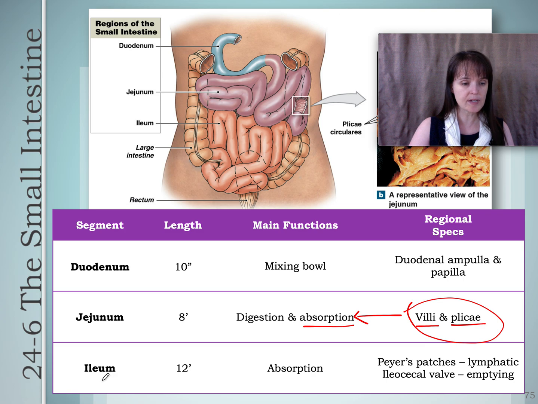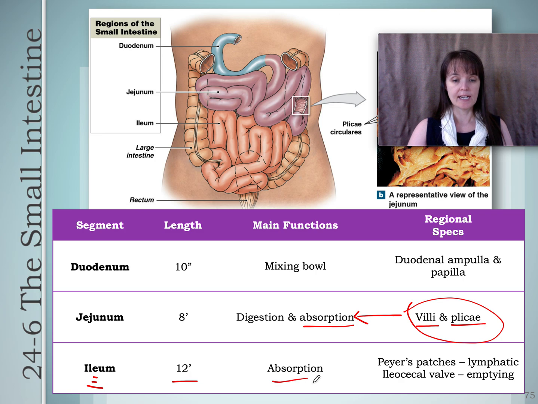The ileum with an E, as we discussed, is the last 12 feet-ish, curled up and around in there, and it functions in absorption. It has Peyer's patches, which are lymphatic, and the ileocecal valve, which empties the food into the large intestine.